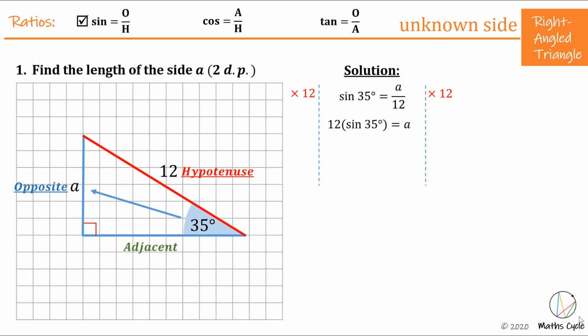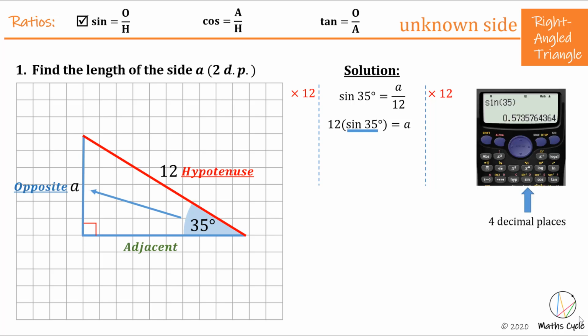The sine of 35 is a ratio, and you have to go to your calculator to find what that ratio is. Get your scientific calculator, find the sine button, and press sine 35, and you'll get a ratio. A ratio is always represented as a decimal or a fraction. Most of the time your answers on the calculator will be in decimal form, except for one or two special cases.